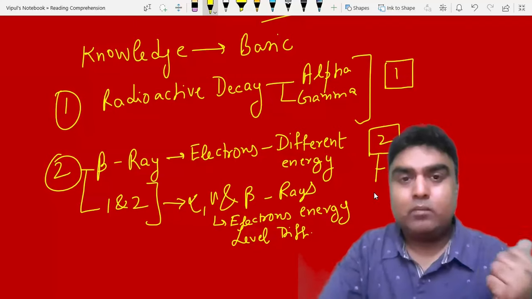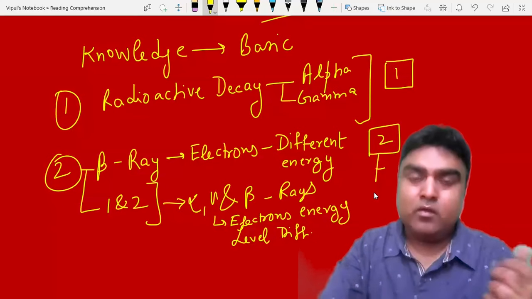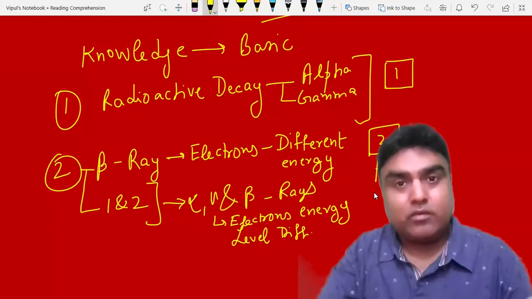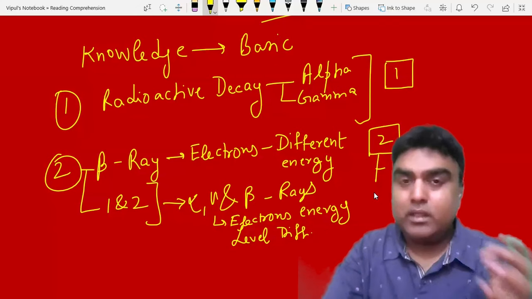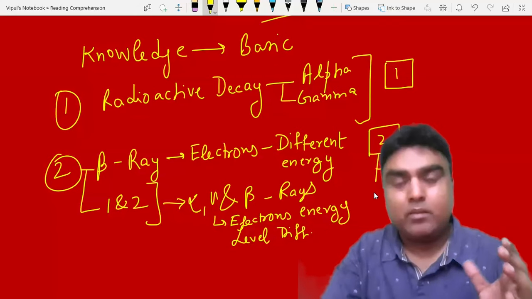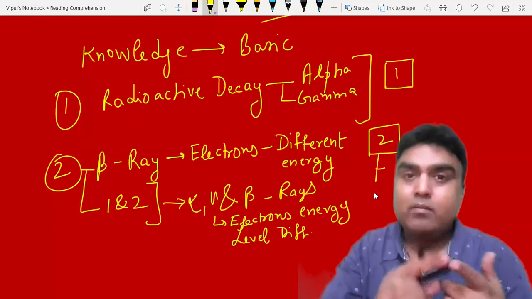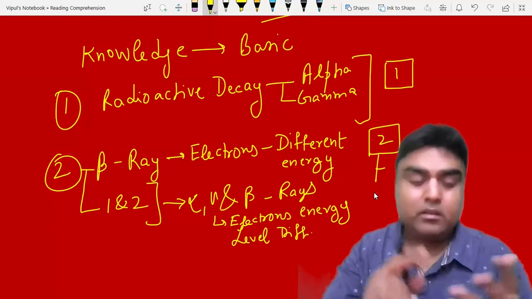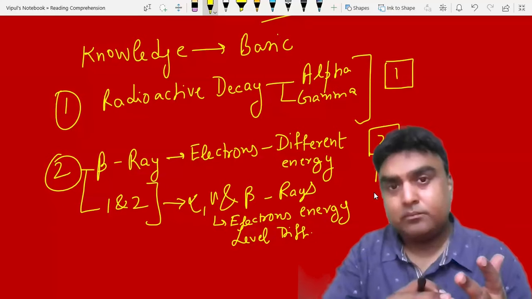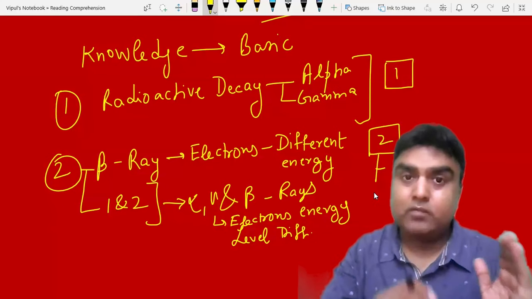Okay, now what I'm trying to put forward is, without even understanding each and every word, am I able to create a picture out of it? Am I able to get the main idea of it?